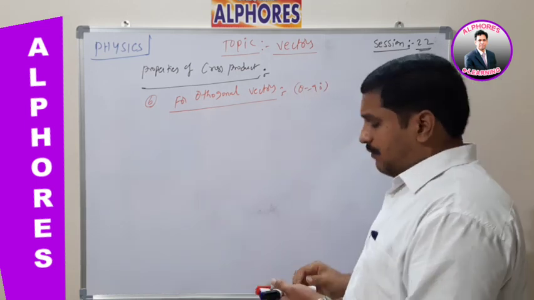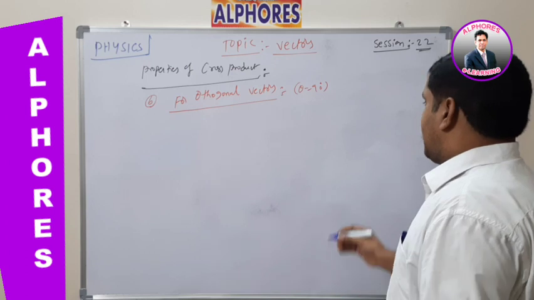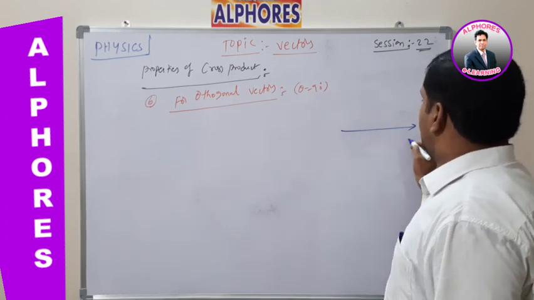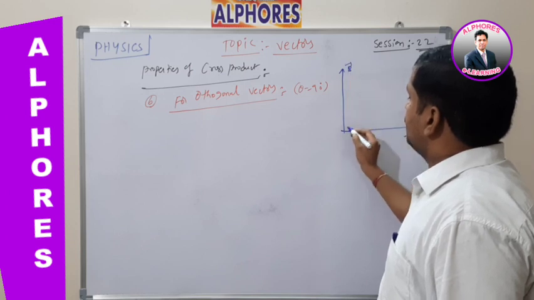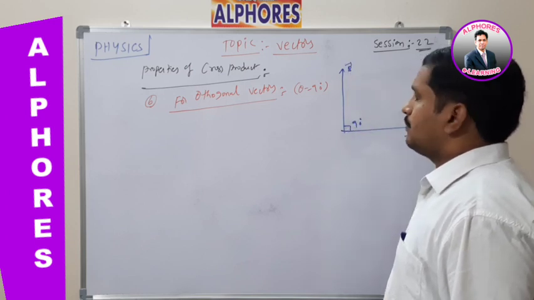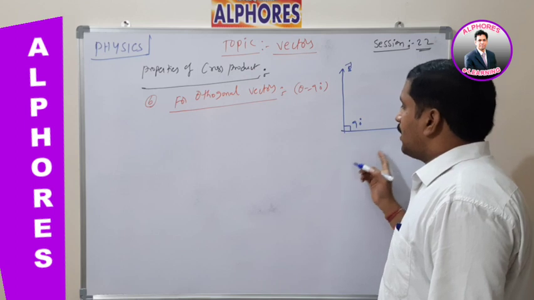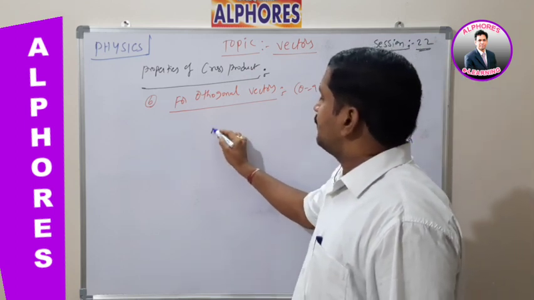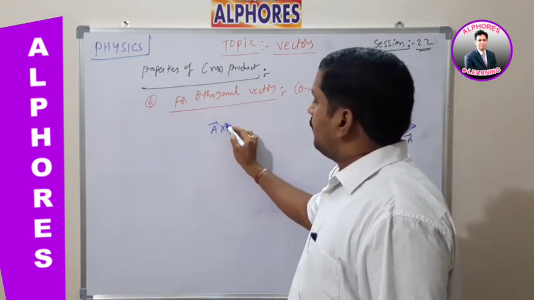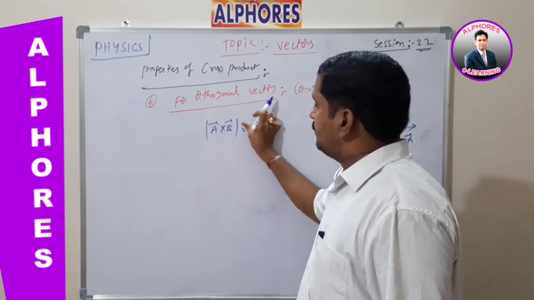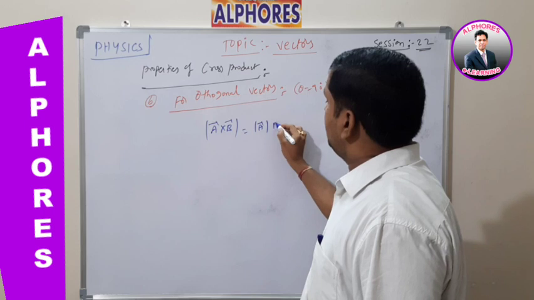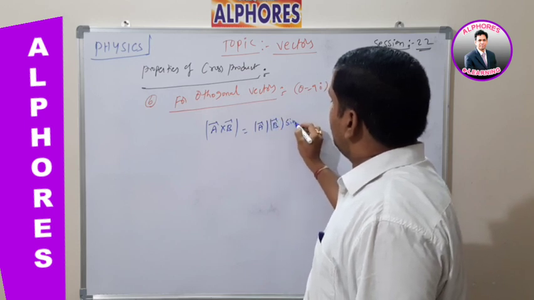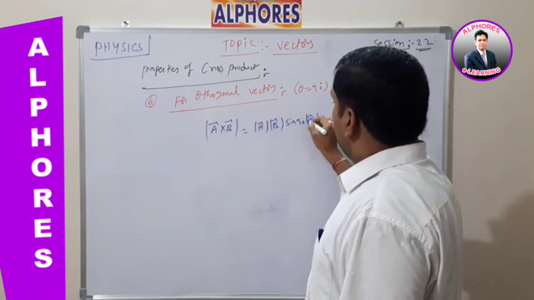For example, if I take two vectors, this is a bar and this is b bar, both oriented at 90 degrees, what happens to the cross product? The magnitude of a bar cross b bar is equal to magnitude of a bar into magnitude of b bar into sin 90 into magnitude of n cap.